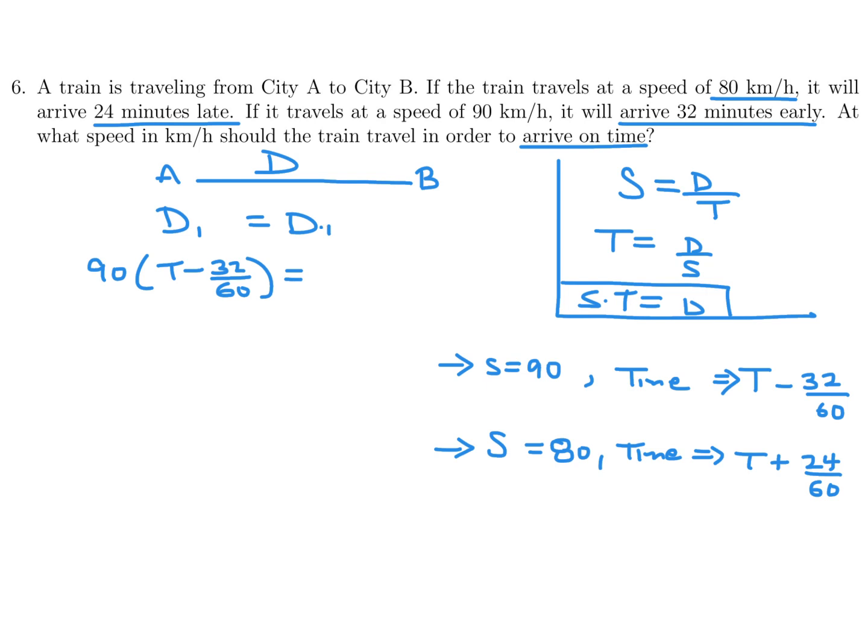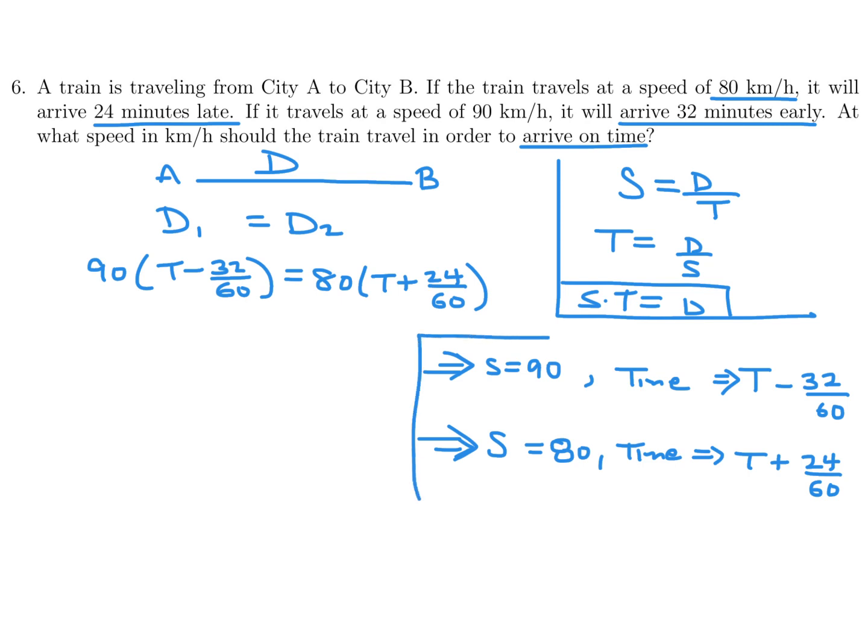And then D2 is calculated in this way, where the speed is 80, and then the time is T plus 24 over 60. Okay, well, same thing, it doesn't matter.